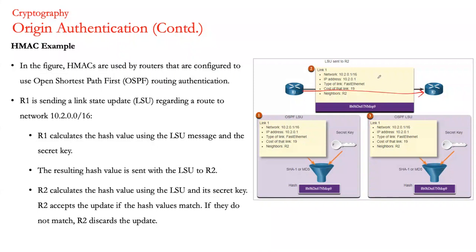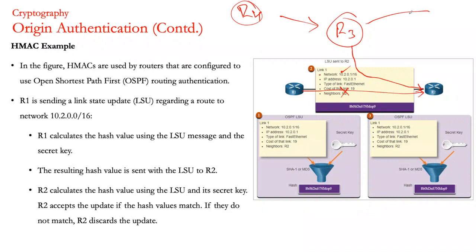Actually there is no path, but R3 uses the plain message and generates a message saying that a path exists between R1 and R2. So router R3 is trying to get all the information from other routers, like R4 and R5.